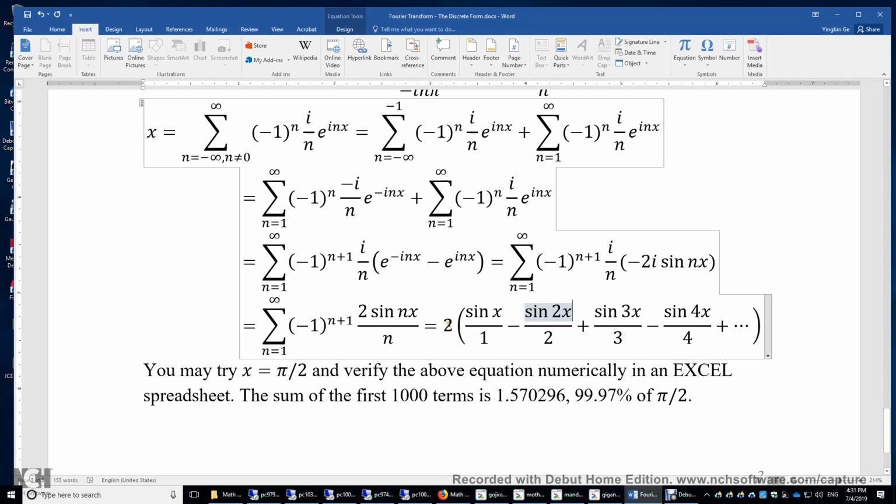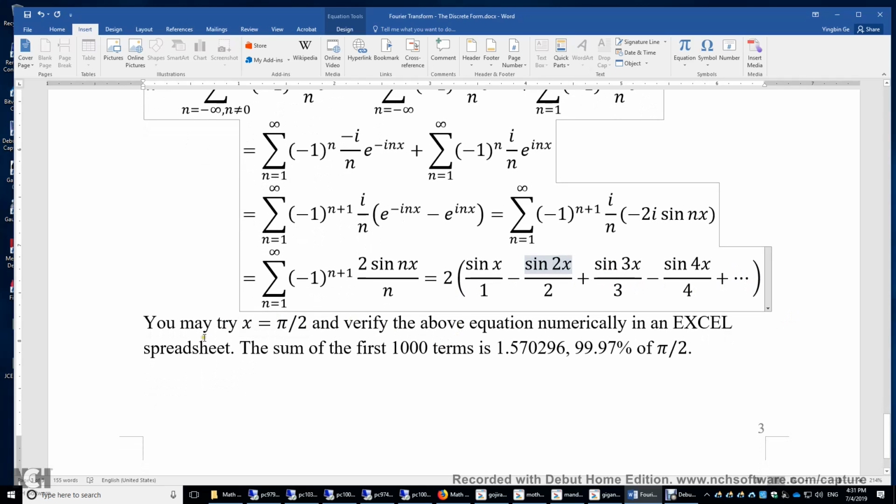So really you have just 2 times an infinite series in which you have 1 minus 1/3 plus 1/5 minus 1/7 and so on.